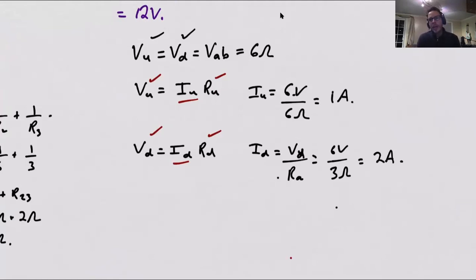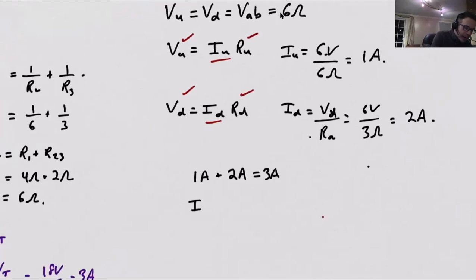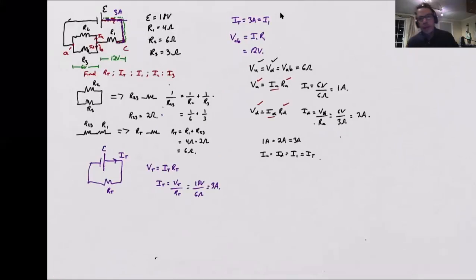The two currents that we get, 1 amp plus 2 amps, is equal to 3 amps. Another way of saying that is I up plus I down had to be the same as what went in, which was I1, which we also know as I total. So we have all of the currents, which is everything that we wanted.